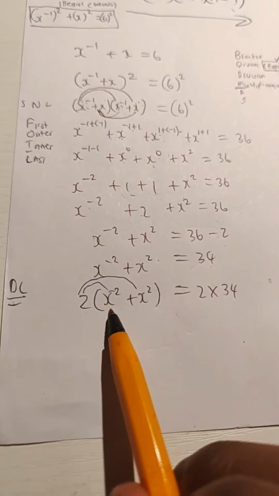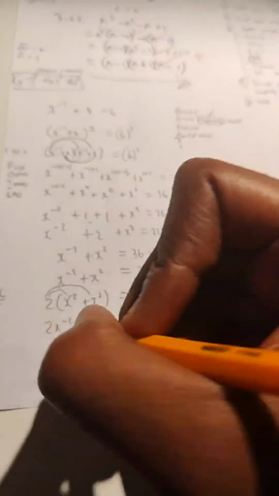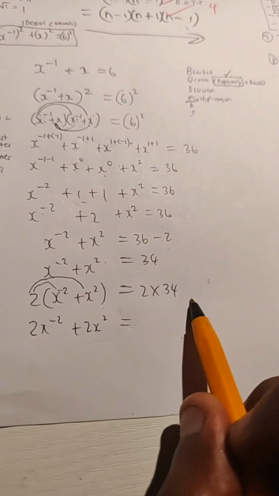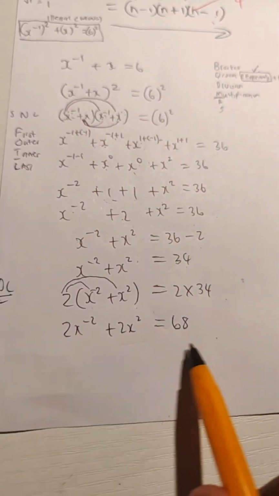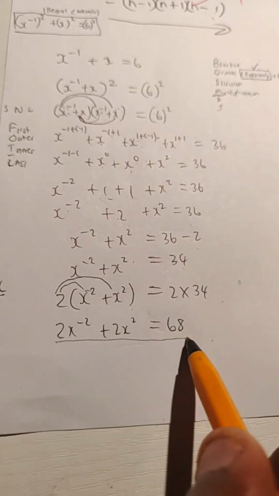Take the 2, multiply it with x to the power negative 2, that gives me 2x to the power negative 2. Take the 2, multiply it with x squared, that gives me 2x squared. Then what's 2 times 34? That is 68. Voila.